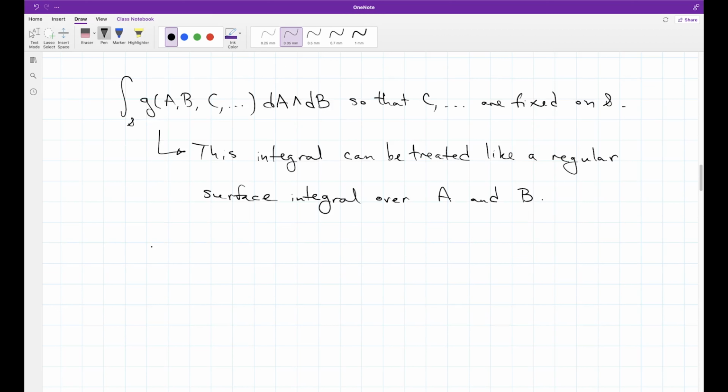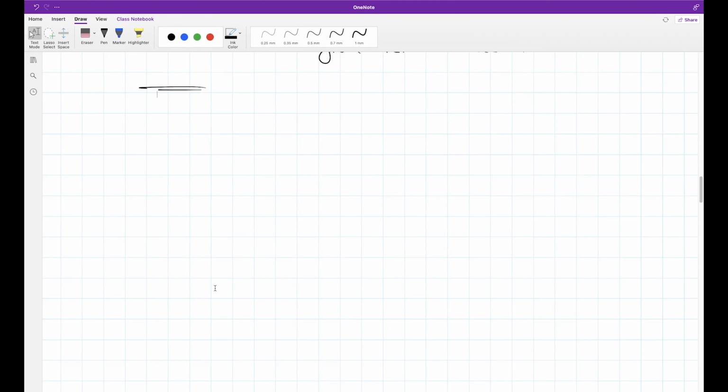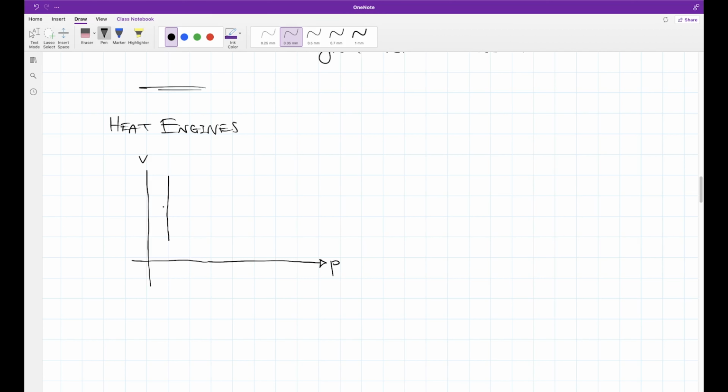We have the notion of two forms. Let's figure out how we might be able to apply these things. Okay, so back to heat engines. Let's draw the example that we've been working with. So here's our P and V space, and we'll have a cycle that goes clockwise.